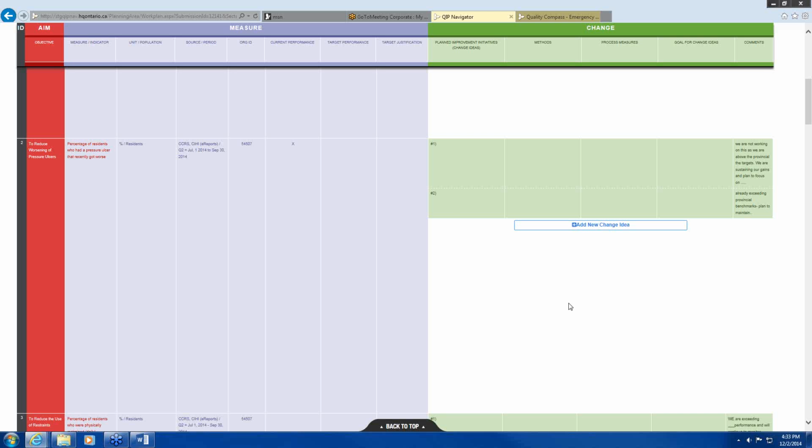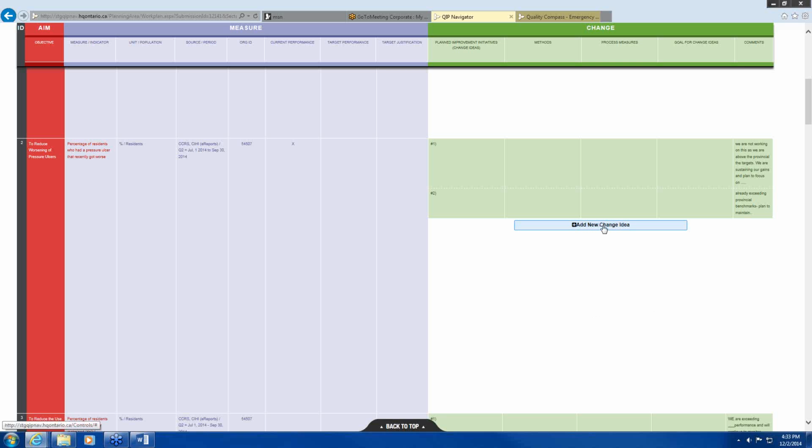So we want to clarify that until we get closer to the actual submission time, you will be able to put in your own number that you're working on. But once we get the actual refresh data from either CIHI or the Health Analytics branch, when we pre-populate it, it will override what's in there, and you will not be able to override the data. But for your planning purposes, you can add something.